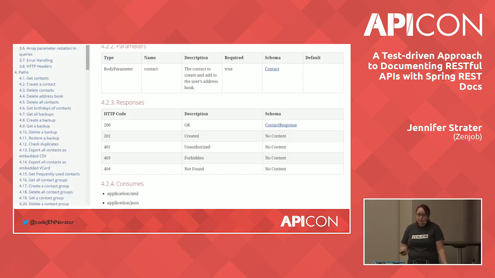This looks very similar to the Spring Rest Docs output. It's using the same tools and same libraries. And by default, you do get this path-centric approach again, but of course, this is a much more configurable tool.